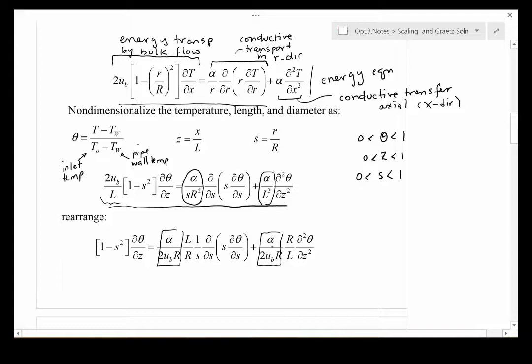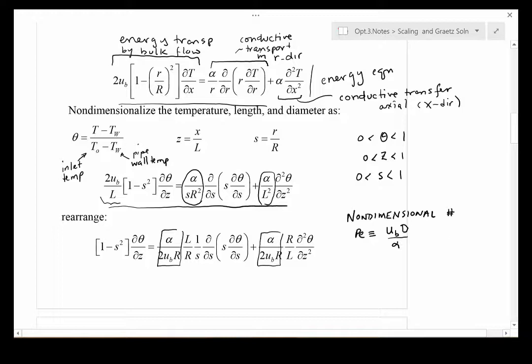So I'm going to point out that there is a non-dimensional parameter in convection analysis that's called the Peclet number, Pe, and for this particular problem, it's UB times the characteristic length scale, in this case the diameter, divided by the thermal diffusivity.